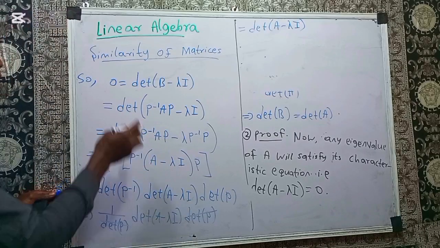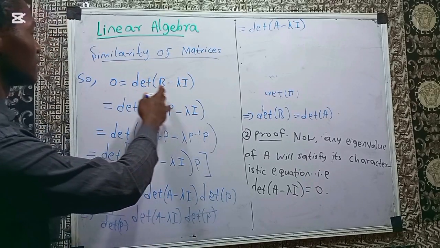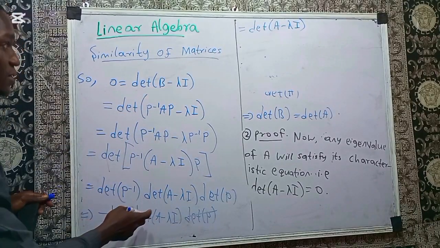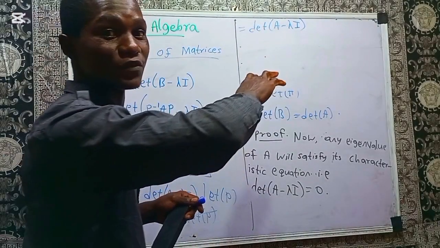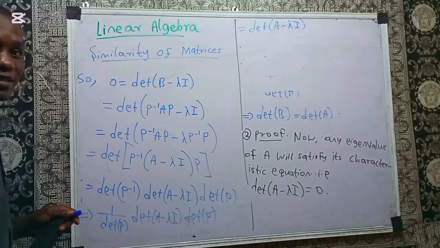So we started from where? 0 is equal to the determinant of B minus lambda I. And this determinant of B minus lambda I is giving us the same thing as what? The determinant of A minus lambda I, right?